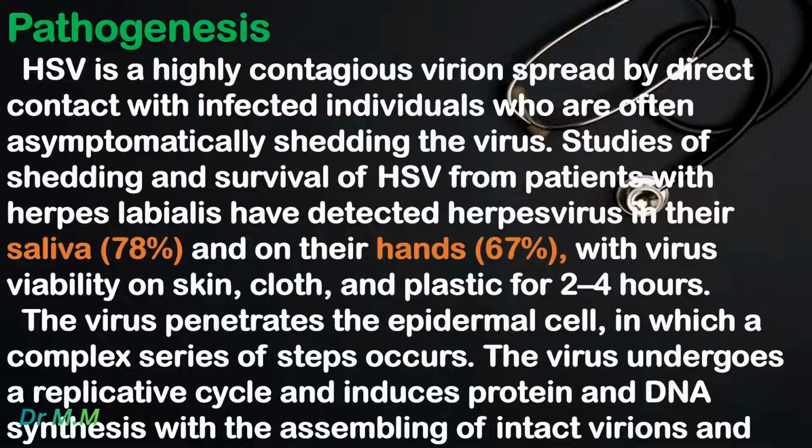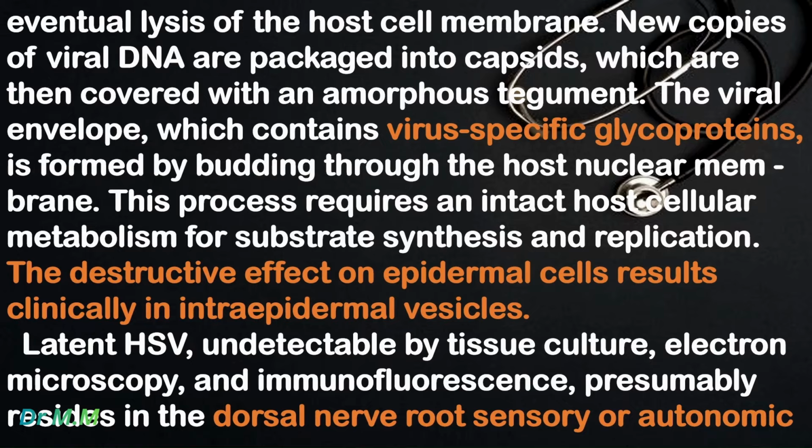The virus undergoes a replicative cycle and induces protein and DNA synthesis with the assembling of intact virions and eventual lysis of the host cell membrane. New copies of viral DNA are packaged into capsids, which are then covered with an amorphous tegument.